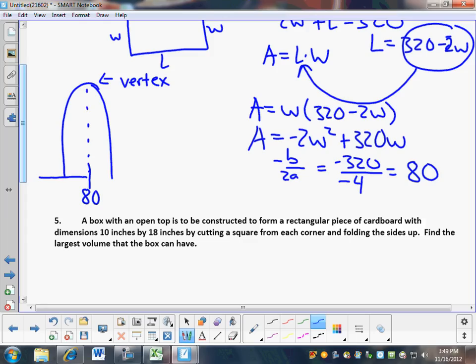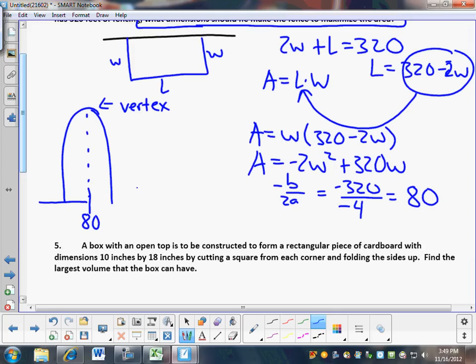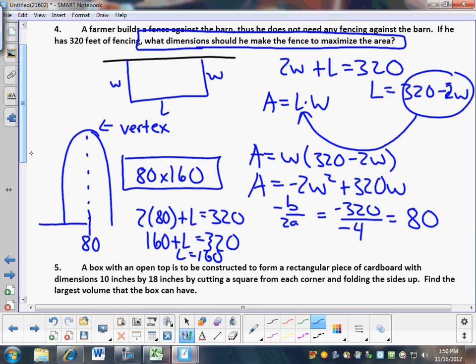So 80 is going to be my width, which I've solved for. In order to figure out the other part, I plug it back in. So 2 times 80 plus L is equal to 320. 160 plus L equals 320. So L is 160. So 80 by 160 is going to be my result. The question was, what dimensions should he make? You should make it 80 by 160.